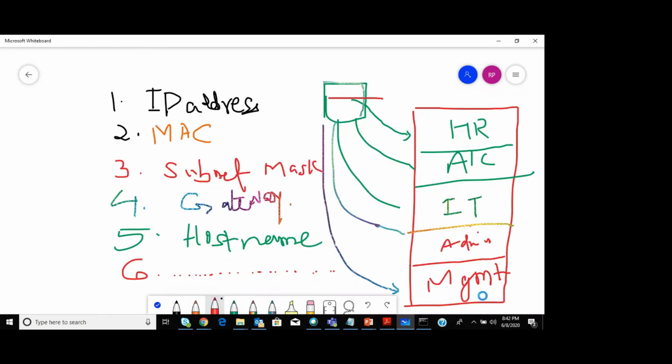If month end is running and your accounts team has to release the payslips, the salaries of the employees, just take the example of US salary, like weekly or bi-weekly payouts. Suppose the accounts team is using a lot of networking bandwidth, and the people sitting in IT, admin, management, HR are saying, oh my God, my network is slow, Abdul.